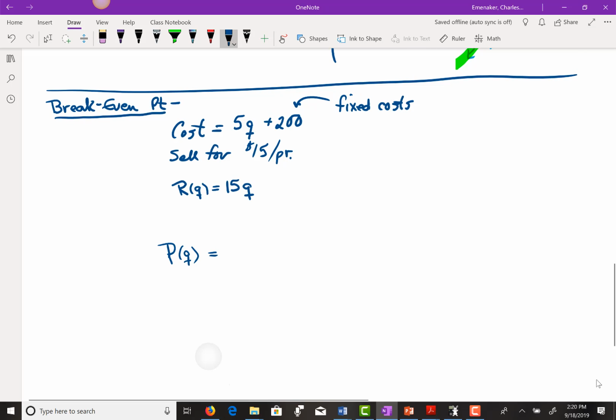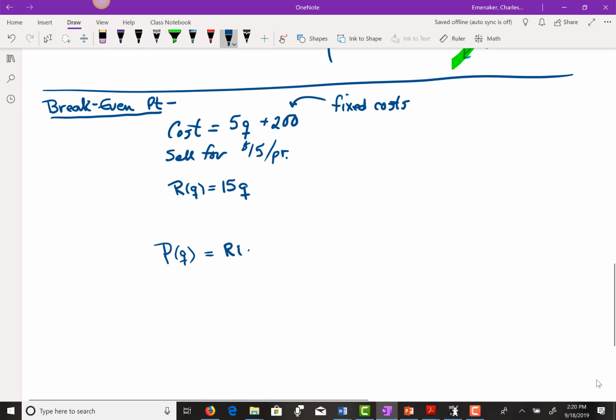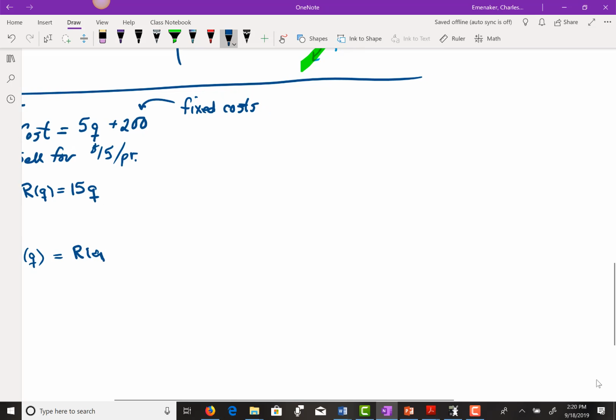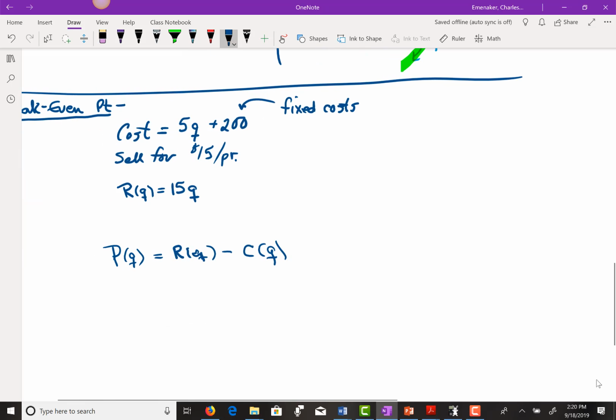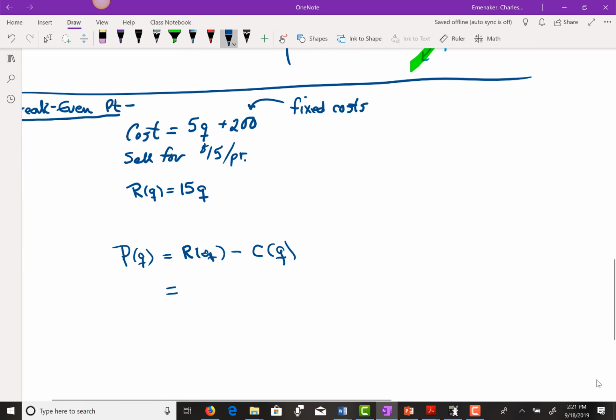So it's going to be whatever money you made minus whatever costs you have. In this case, it's going to be the 15Q minus the 5Q plus 200.